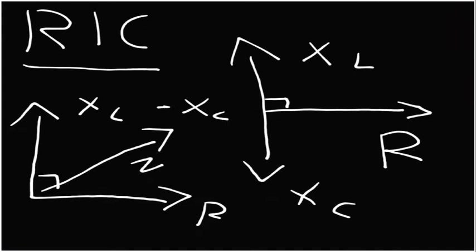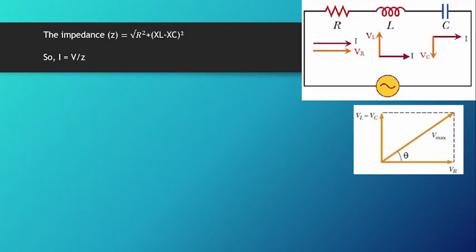Here XL minus XC is perpendicular to R, which has the same direction as I, and their summation is Z, which is the impedance. Back to the law, from Pythagoras, the impedance will equal the square root of R squared plus (XL minus XC) squared.